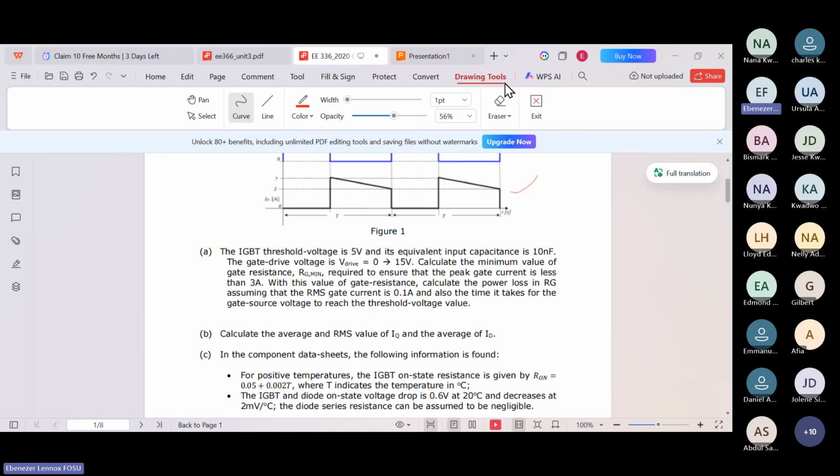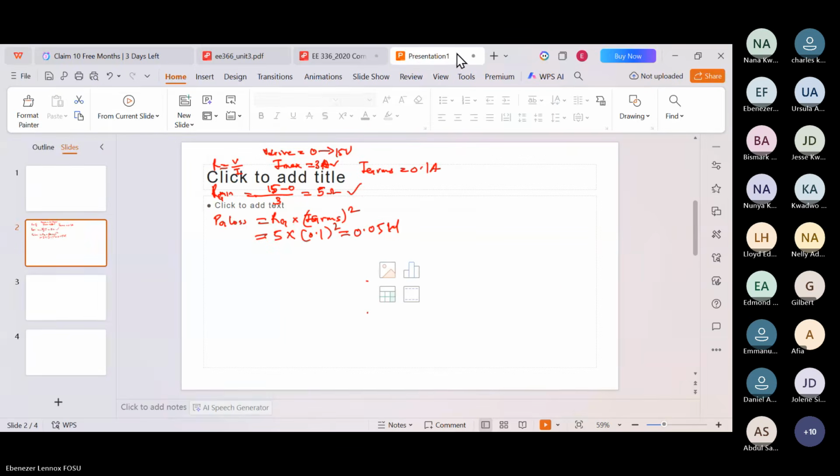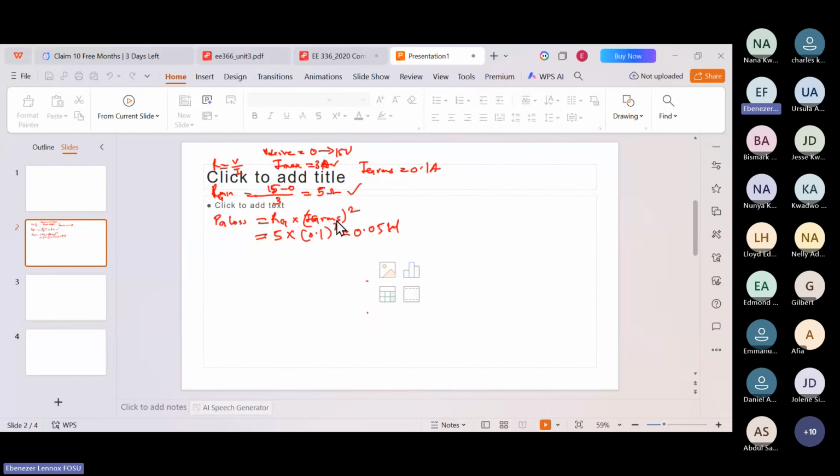All right. So that means we need to calculate the charging voltage of a capacitor. So if you've done transient analysis, I'm expecting you to know this formula.